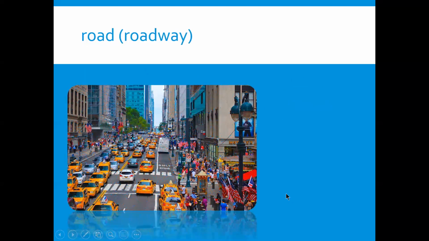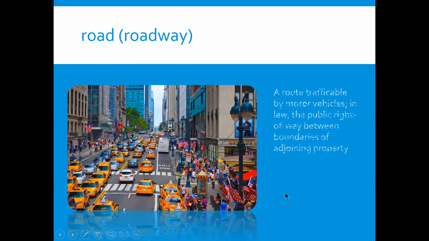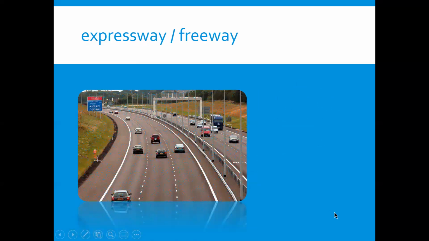For example, road, roadway: a route trafficable by motor vehicles in law, the public right of way between boundaries of adjoining property. Freeway or expressway. In Victoria, we're using the term freeway. In New South Wales and Queensland, they have a tendency to use the term expressways.